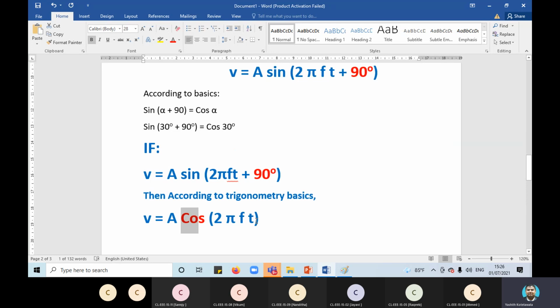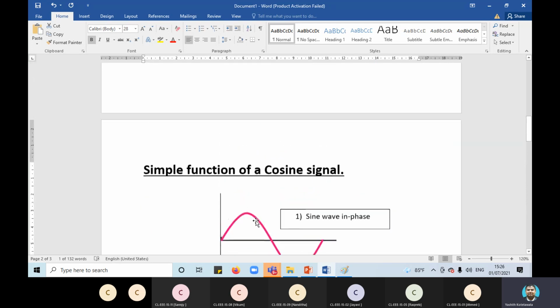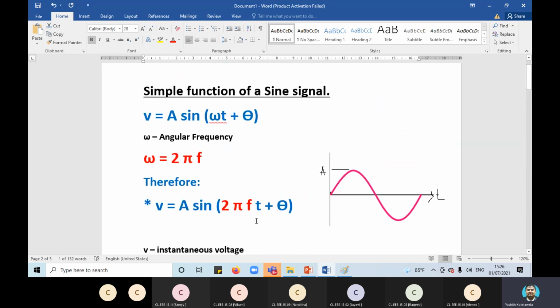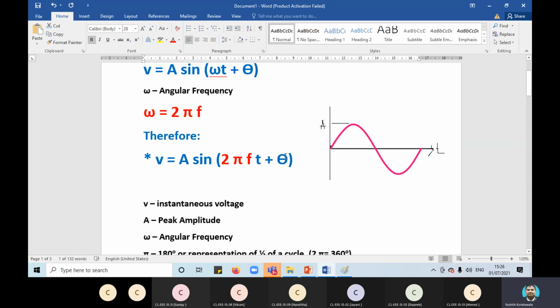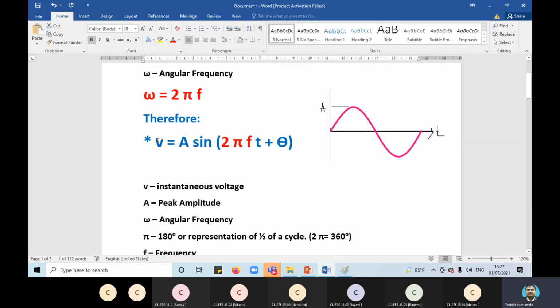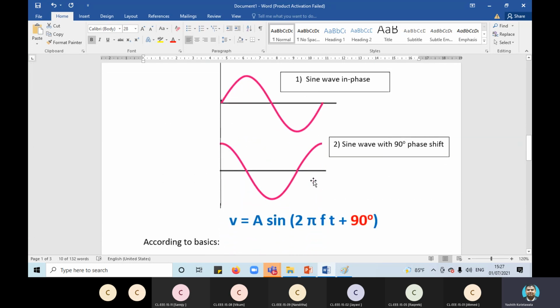Okay, students. So here, if you check the sine function, you have theta. When it is in phase, theta is equal to 0. So in phase theta is equal to 0.